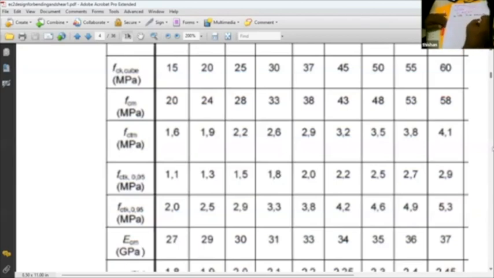I told you, in concrete we have cement, sand, aggregate, water, and wet density.